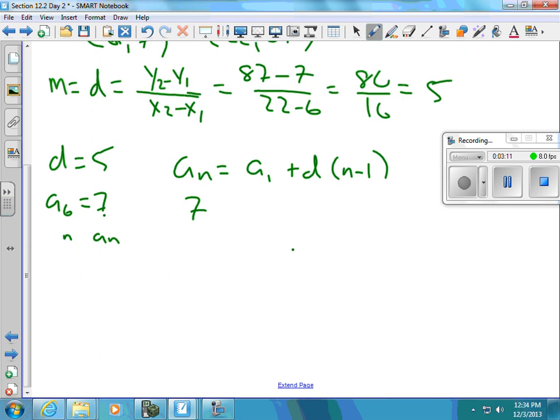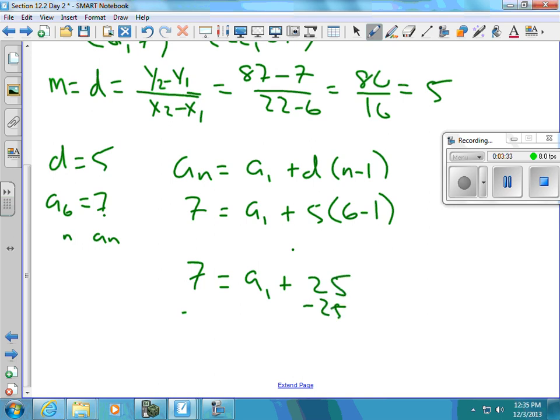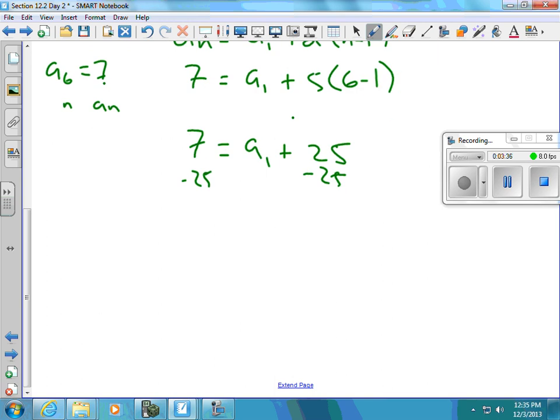A sub 1, we don't know what that is. I now know that d, the common difference, is 5. So now I just simplify. 7 equals a sub 1 plus 5 times 5, which is 25. I subtract 25 from both sides. I see that my a sub 1 value is negative 18.